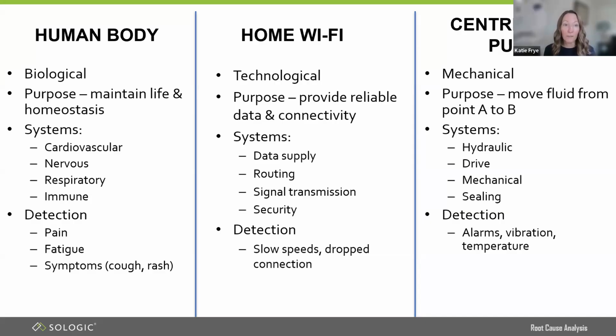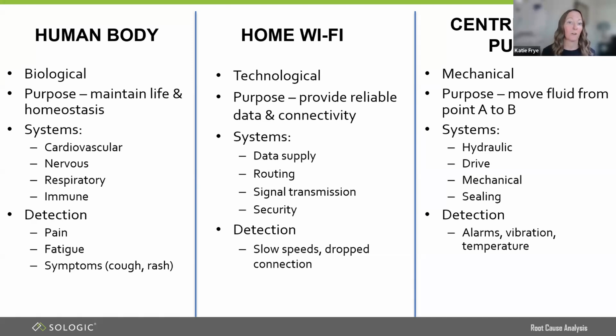And I tried to think of just 3 totally different things, right? A biological system, the human body; a technological system, our home Wi-Fi network; or a mechanical system, an industrial pump. The third is most likely what you're going to see in your day-to-day occupational FMEAs, but at the end of the day, these things look nothing alike, but they all break down into systems and components.